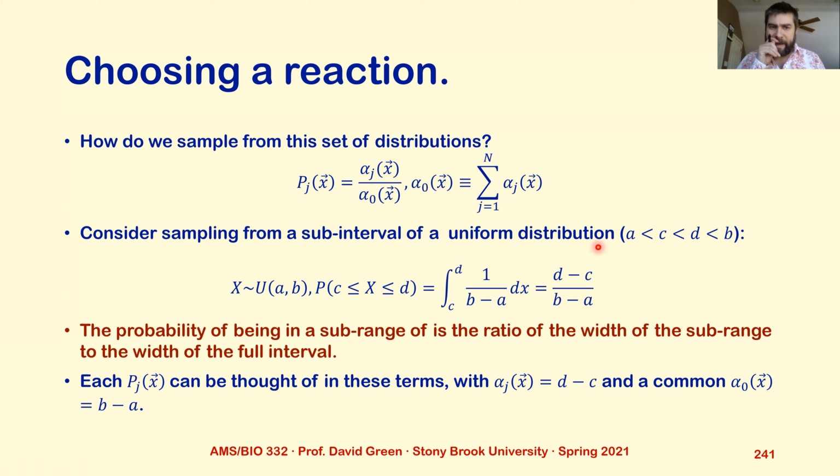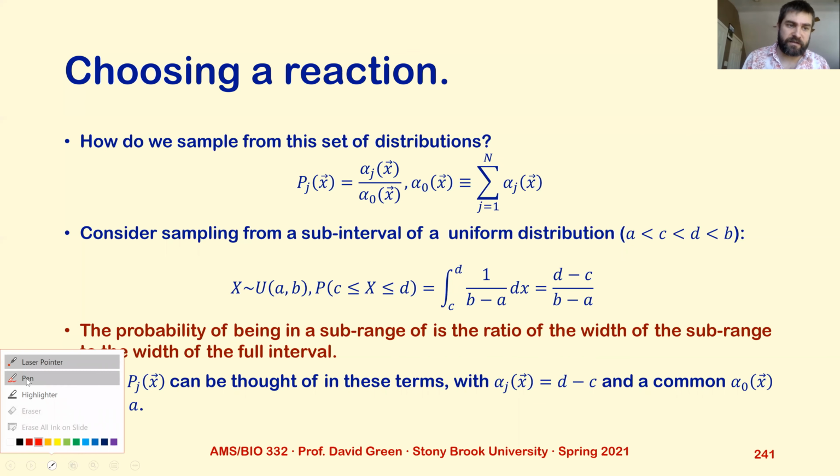Let's say that we want to know the probability of getting a number between C and D when we know that we started off with numbers between A and B, and C and D are inside that range. Well, that probability is also just a ratio. It's how wide that in-between spot was compared to the full distribution.